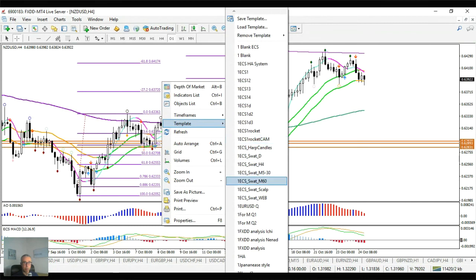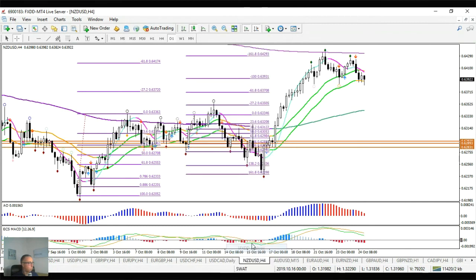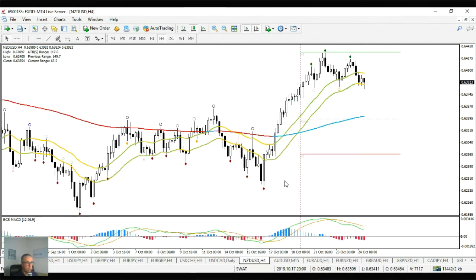All right. Let's take a look at New Zealand dollar. Looks more like a reversal. Yeah, that's possible too.